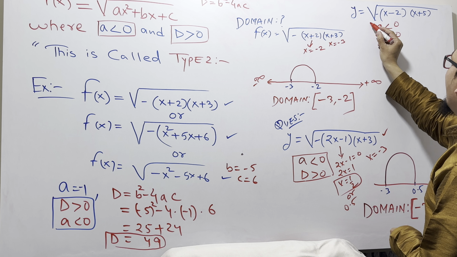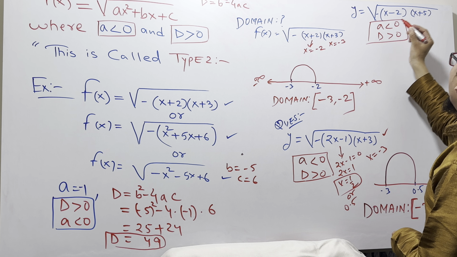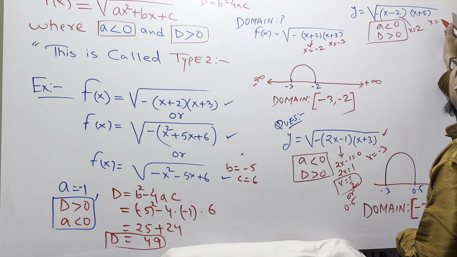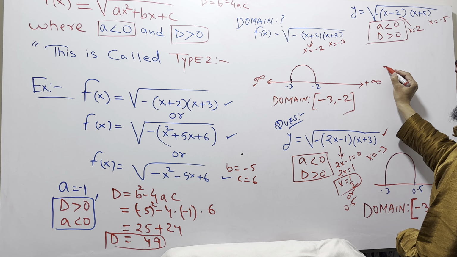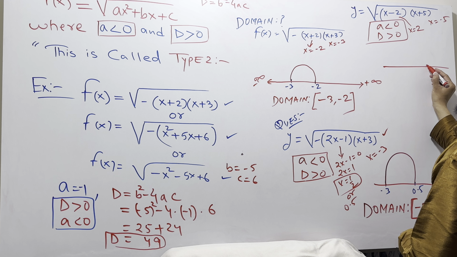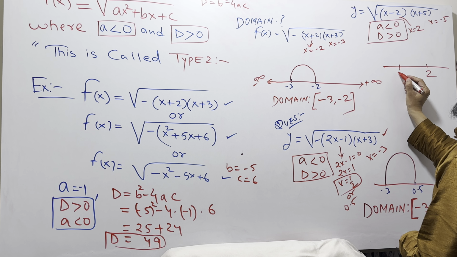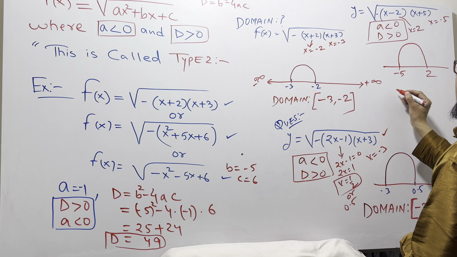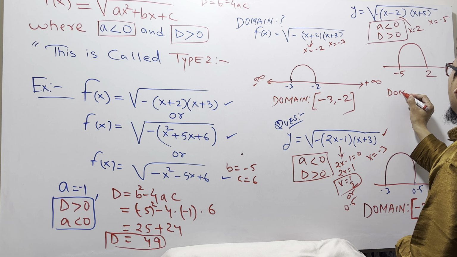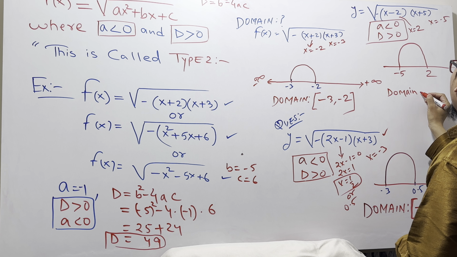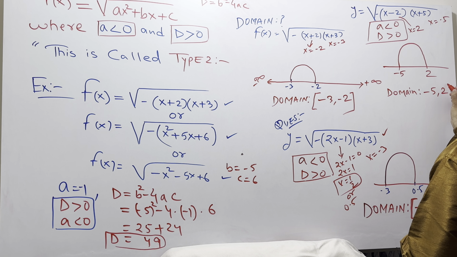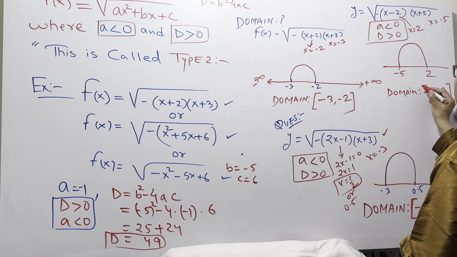Whenever you have these two conditions, find out the zeros, which will be x is equal to 2 and here x is equal to minus 5. Now draw a line. 2 will be this side, minus 5 will be this side, and the graph will always be like this. So the domain will be from minus 5 to 2 and use close bracket here.